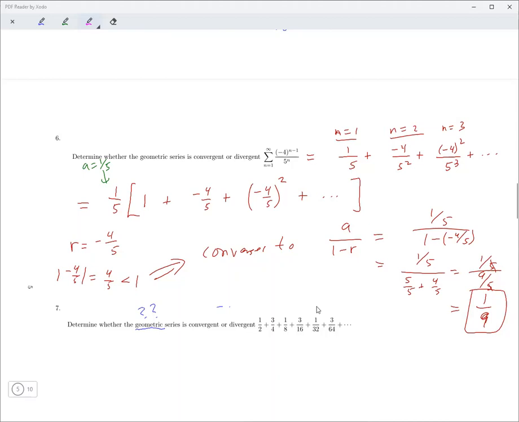So there's a couple of ways that you can deal with this. You can split it up into 2 series. Now, you have to be careful when you do this. If you split it up into 2 series and both of them converge, then the overall series is going to converge.